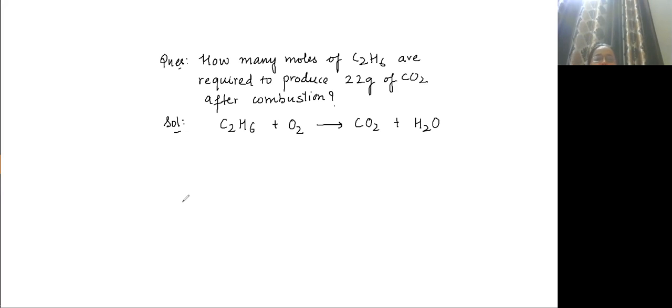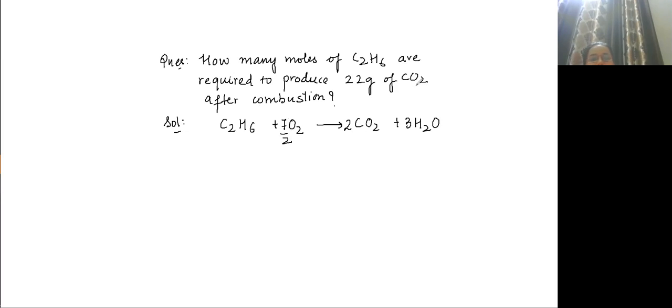First thing, what will you do? We will balance this equation. How to balance this equation? This is 2, 3. Oxygen atoms become 4 plus 3. So this is 7 by 2.